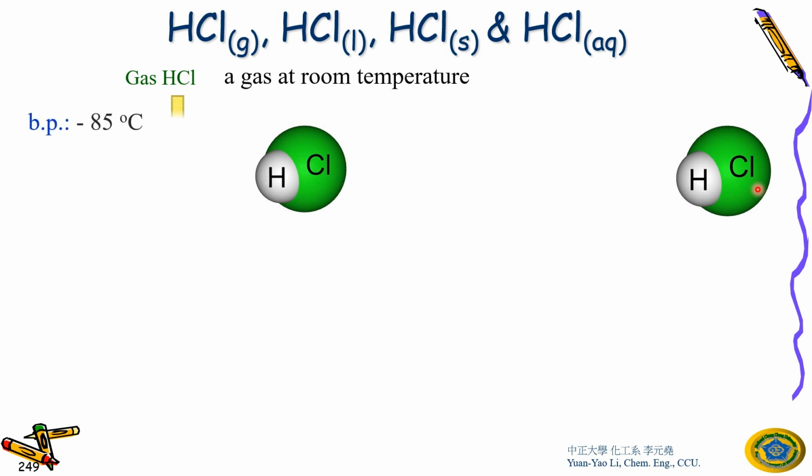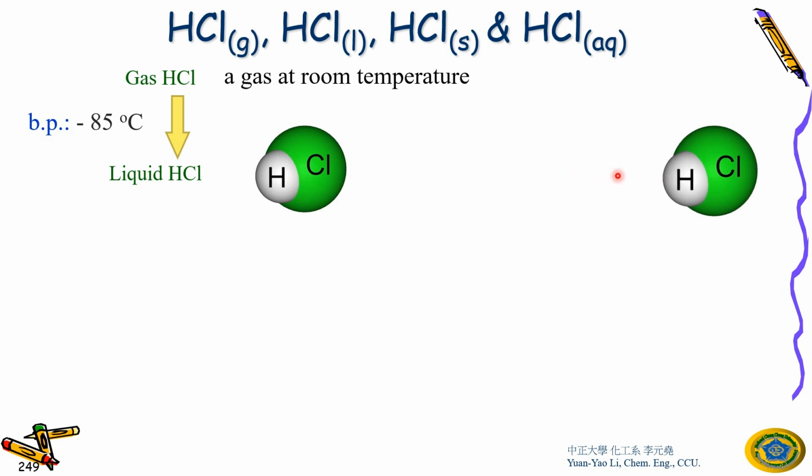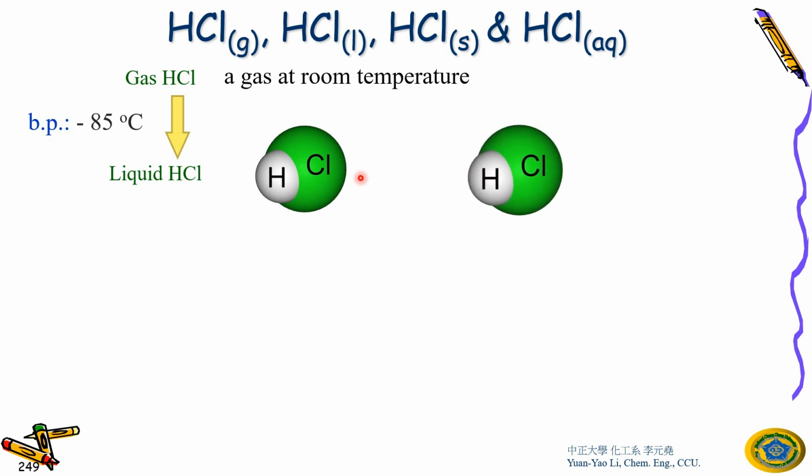If we decrease the temperature, if we cool down the environment of these molecules, for example, go down to minus 85 Celsius, these molecules will become liquid phase. So what does that mean? This hydrochloride will be closer to the other one. This is liquid.